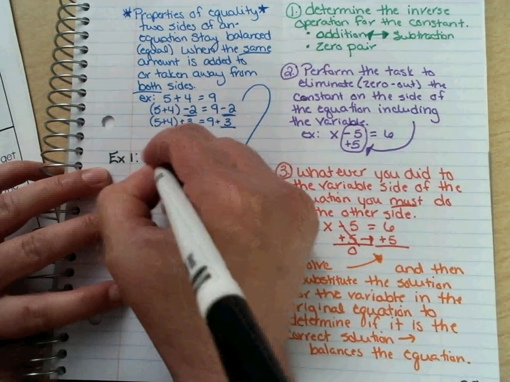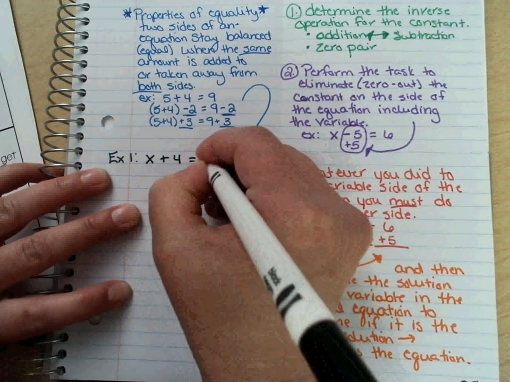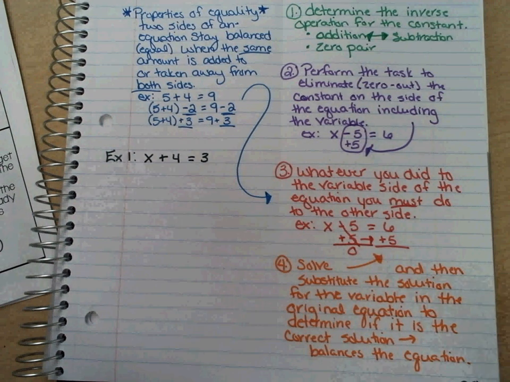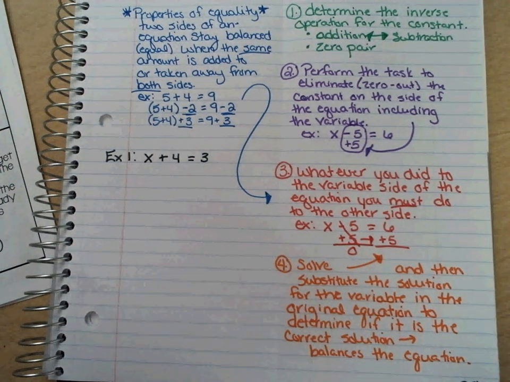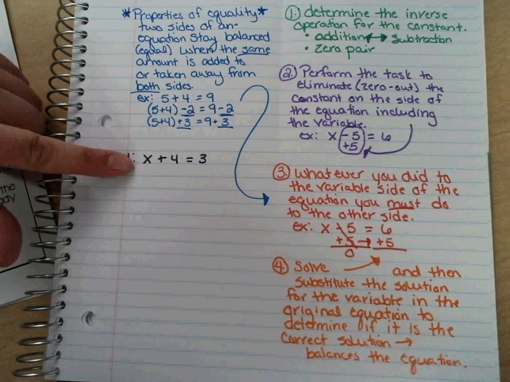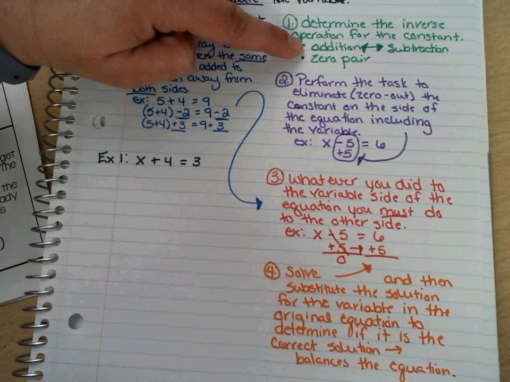So, my first question that we're going to talk about is x plus 4 equals 3. Now, the other thing that you guys have to remember as well is integer rules. Okay, so you might keep those integer rules really handy, especially addition and subtraction rules. Okay, so I have my problem, and it says determine the inverse operation for the constant, okay, in order to make it a zero pair.